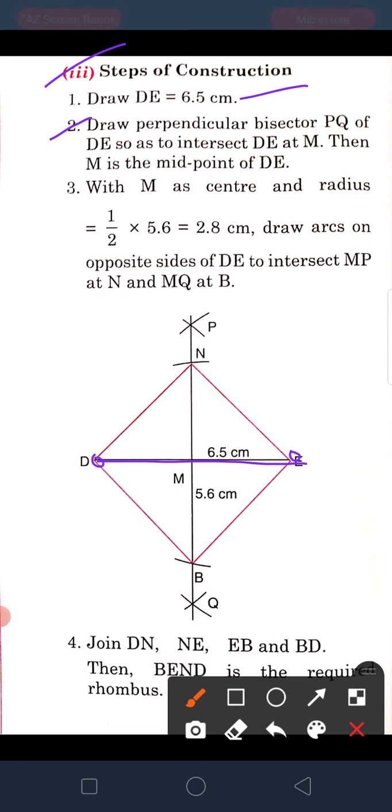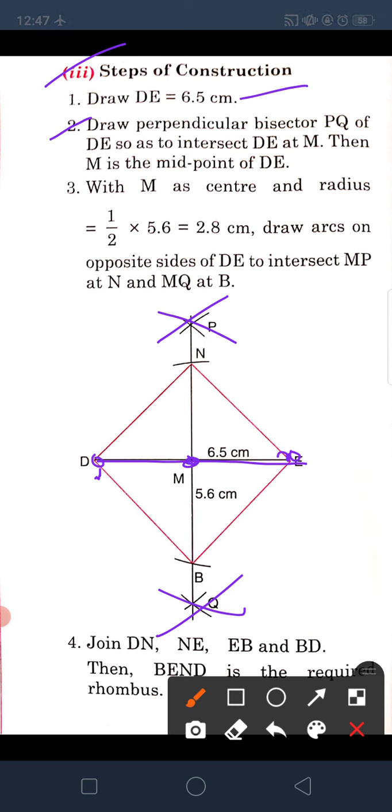For that, we take more than half the distance of DE and draw arcs above and below, taking D and E respectively as centers, and we draw the line segment joining those intersecting points.